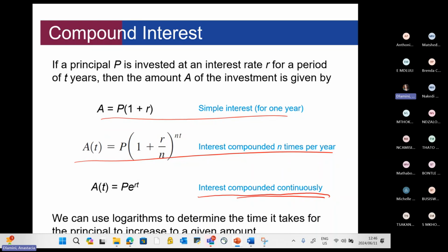Now, if we go back to grade 10, when we were looking for T, how did we solve that? Given A, P, R, N, and we're looking for T. If you remember very well in grade 12, or you don't remember?